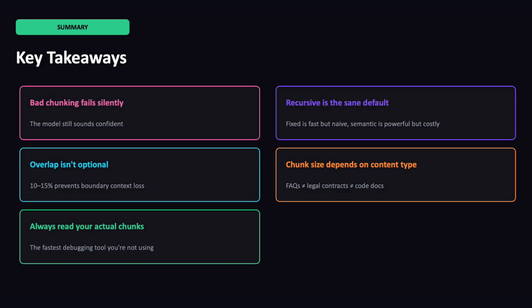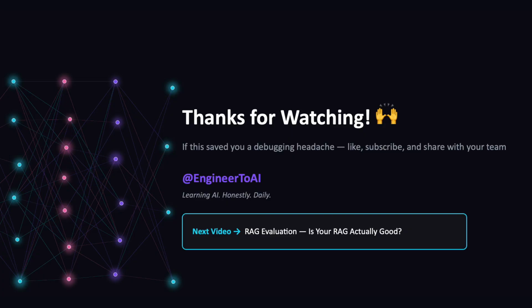Always leave a little overlap as cheap insurance. Match your piece size to the type of document. And every once in a while, actually read a few of the pieces you made. That's chunking. Probably the single most underrated setting in an AI system like this.